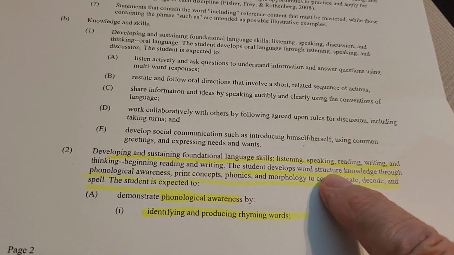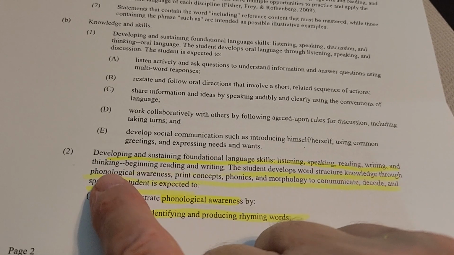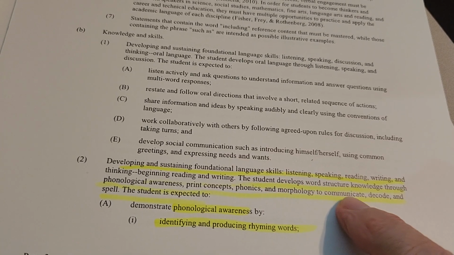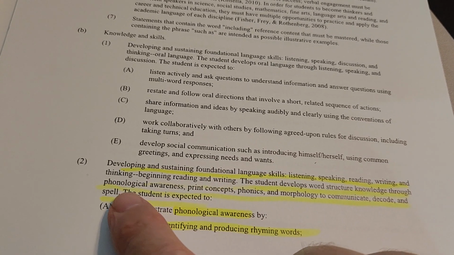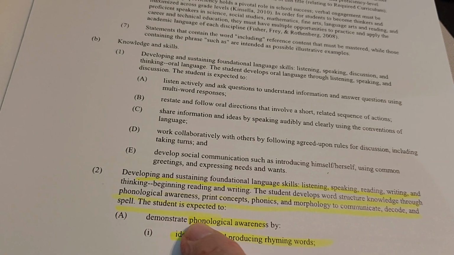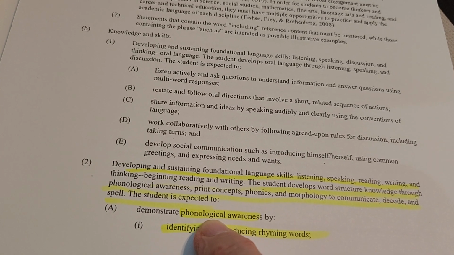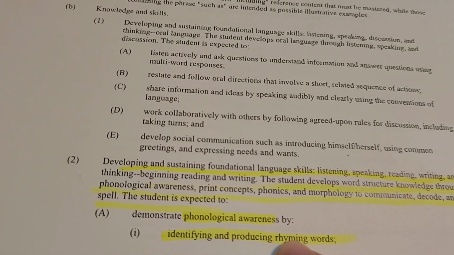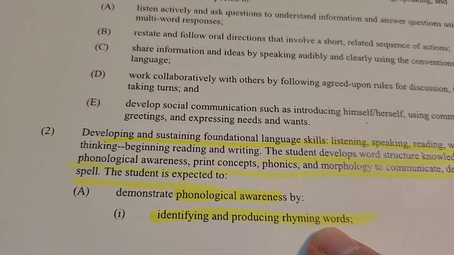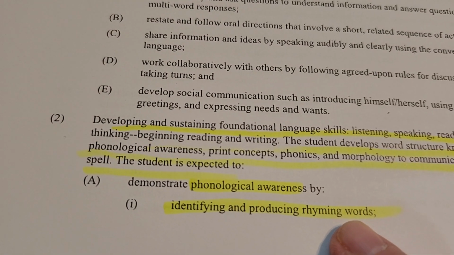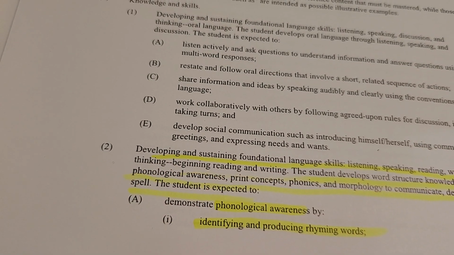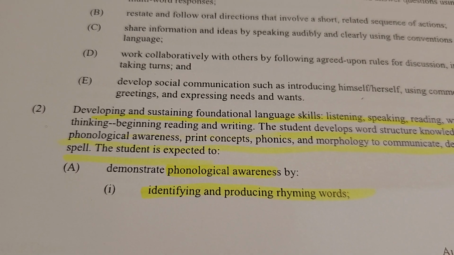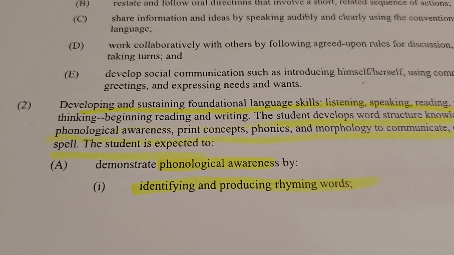The student develops word structure knowledge through phonological awareness, print concepts, phonics, morphology to communicate. So those are the foundational skills. They specify how phonological awareness is the first one, and they even identify one of the skills, which is rhyming words. So this is one way, when you look at the TEKS, to get a handle on what these foundational reading skills are.